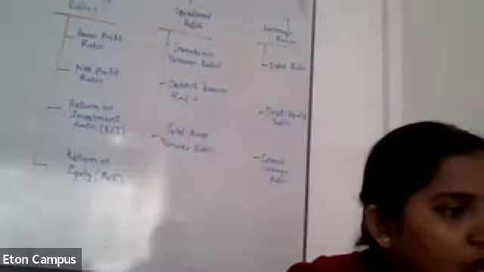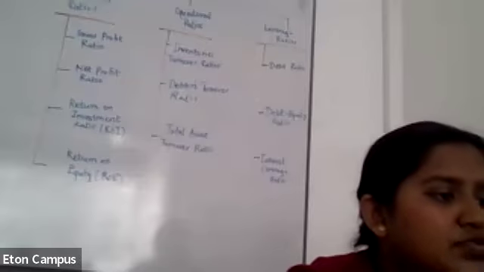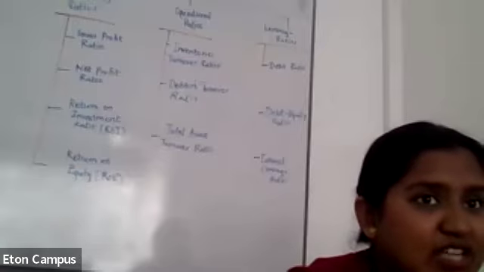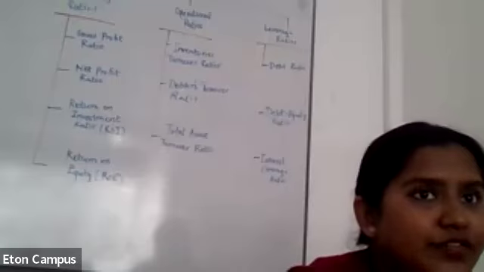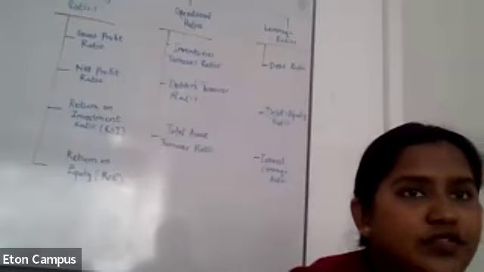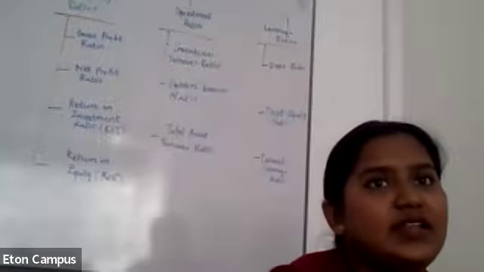Next, rent received in advance, rupees 5,000. So that is advance money, which means cash plus 5,000, asset 5,000, and liabilities are also 5,000 because we are receiving that in advance.